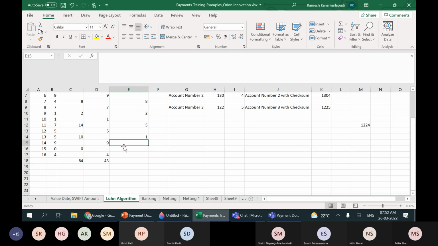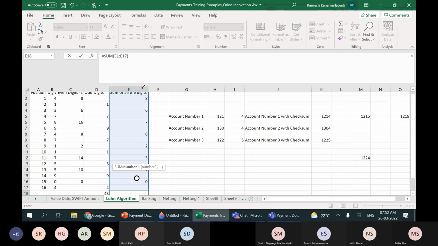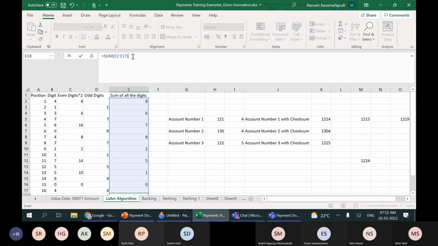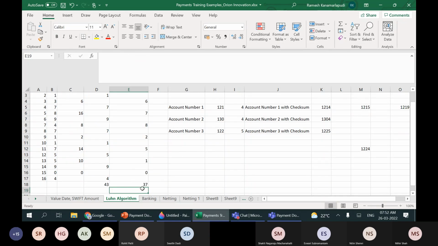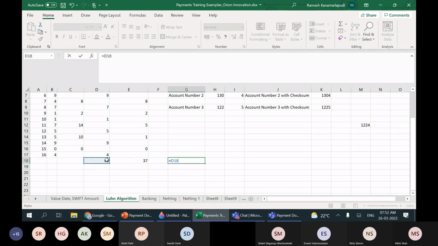We also call it the lucky number. If you see, the total is 43 plus 37, 80.